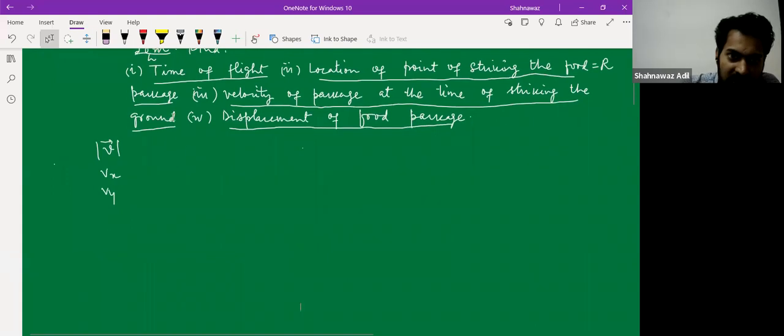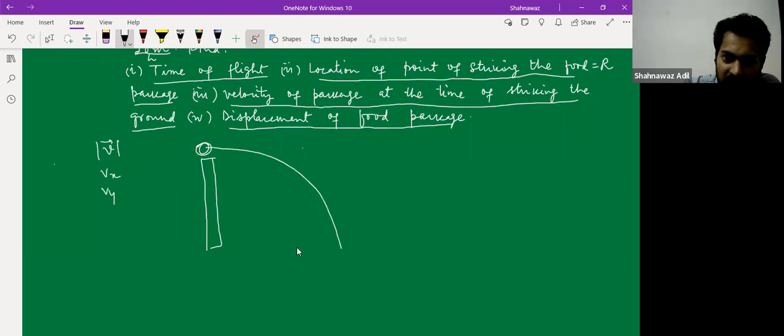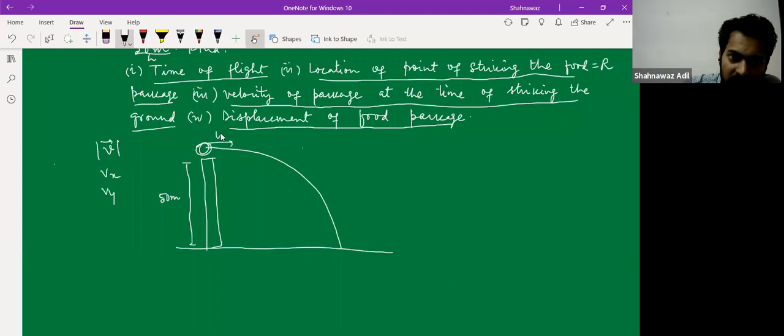Okay, let's make a diagram first and write all the information that we have. So let's say this was the helicopter, and they threw a food package here. Okay, and the height is 50 meters, and U is 30 meters per second, right?